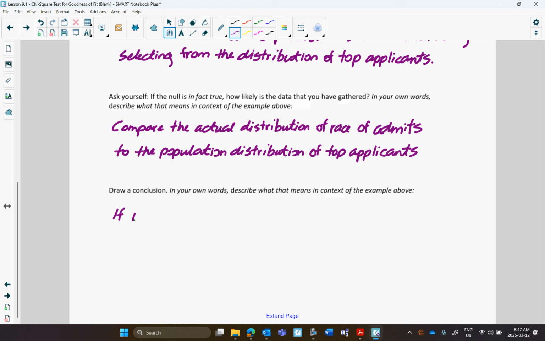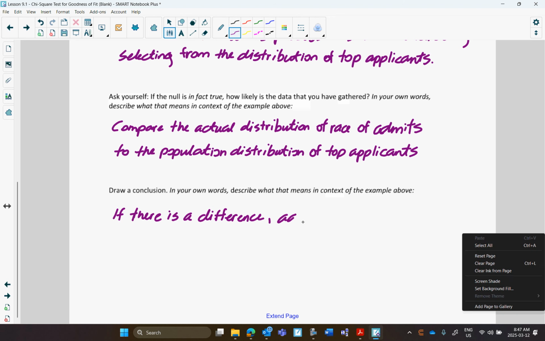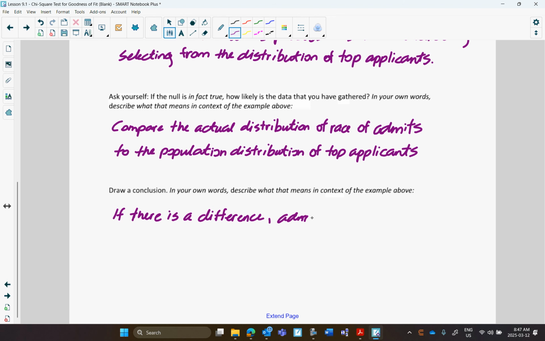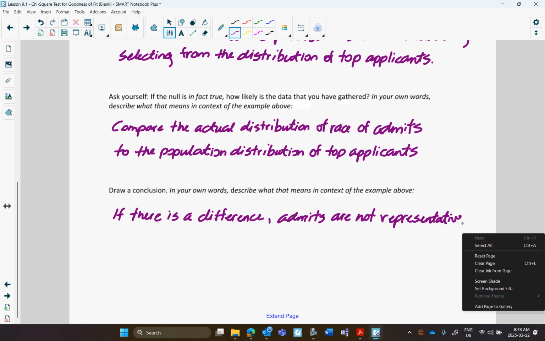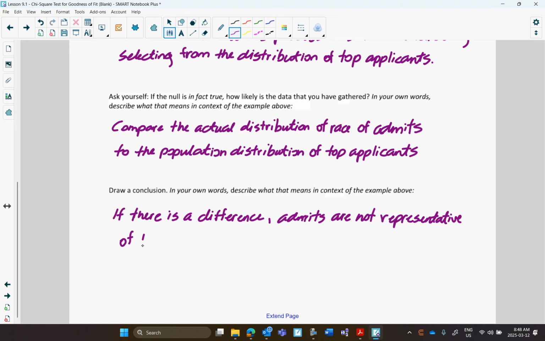If there is a difference, admits are not representative of the population distribution.